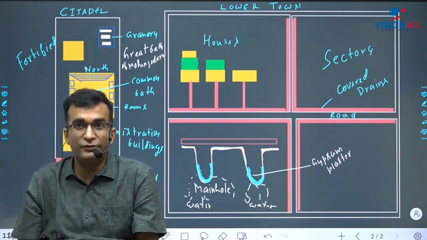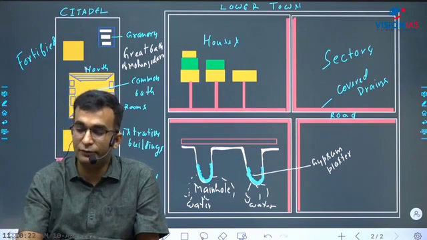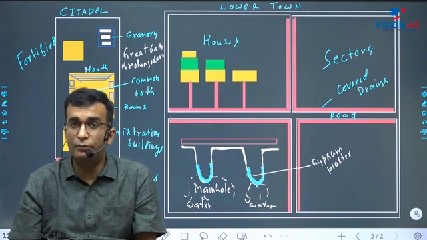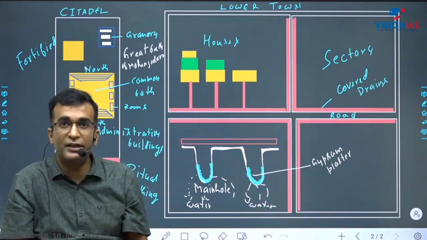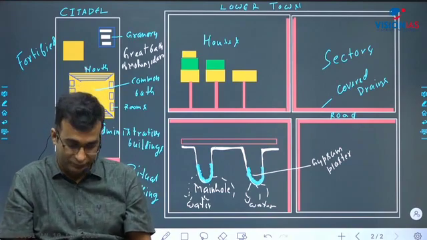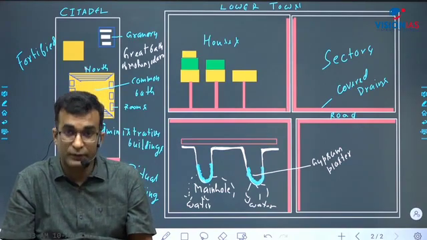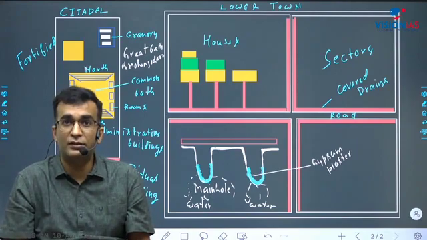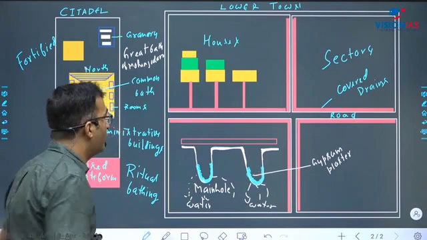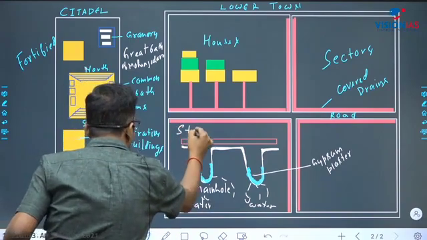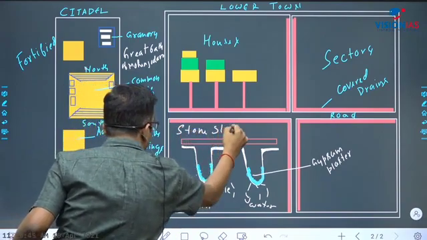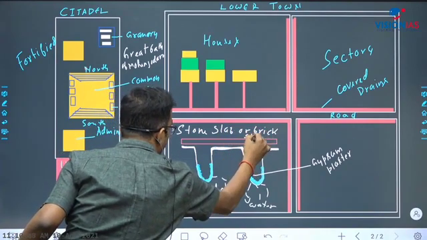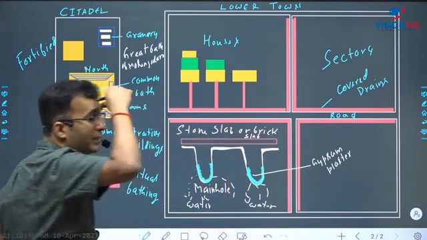On both sides of the road, drains were created and covered with stone slab or brick slab.